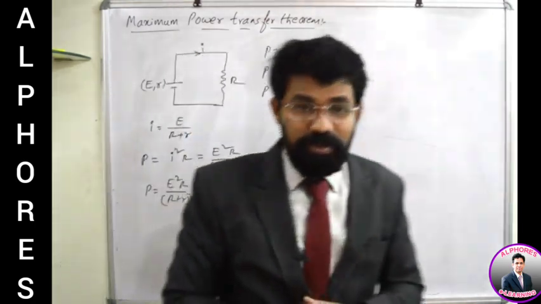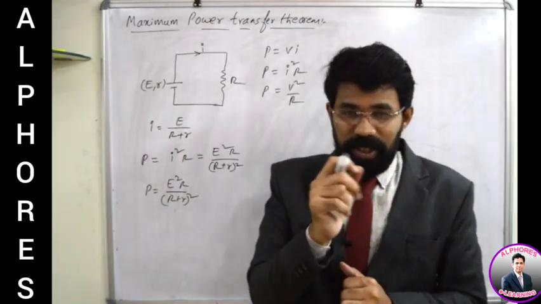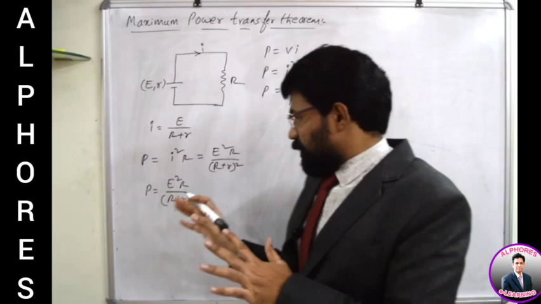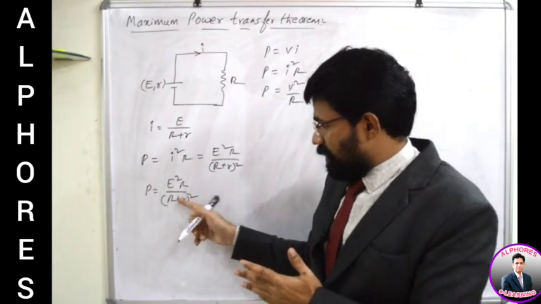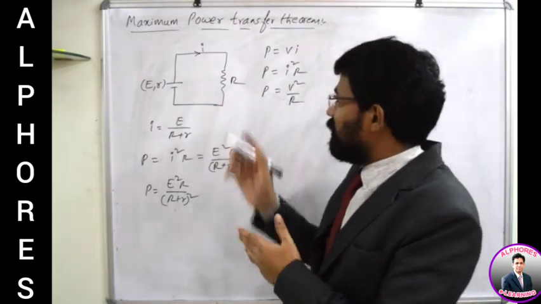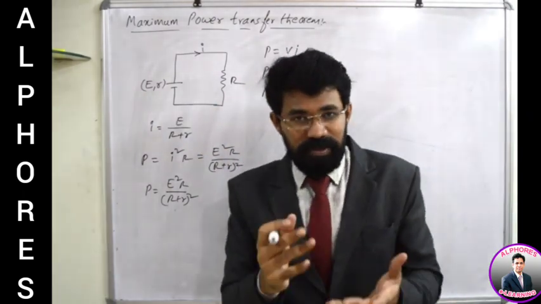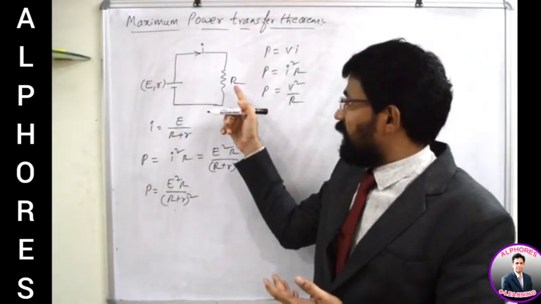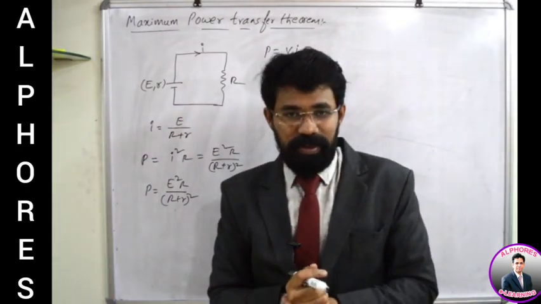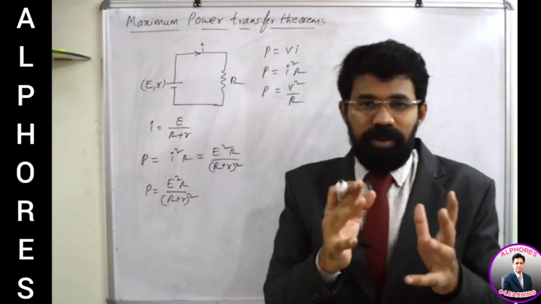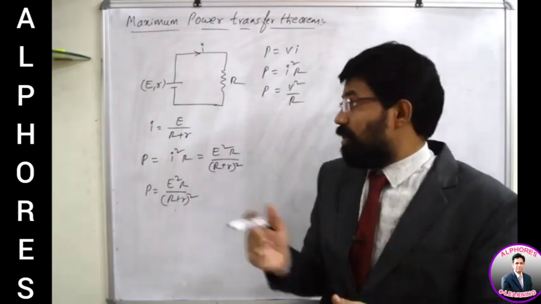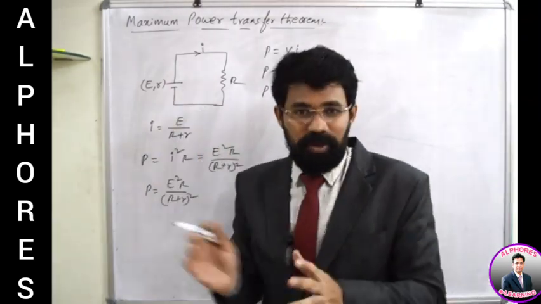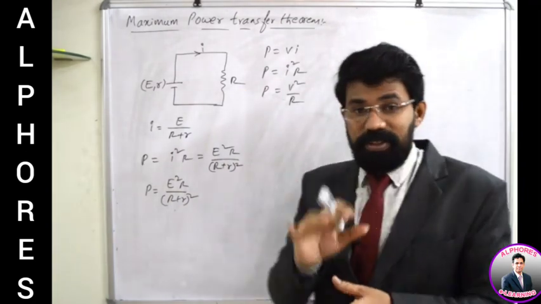So now I am interested in one particular key point here. As you could see in this equation, power dissipation is dependent on resistances, internal resistance and external resistance. For a given cell, small r will be constant anyways, and this external resistance is something you can tune.